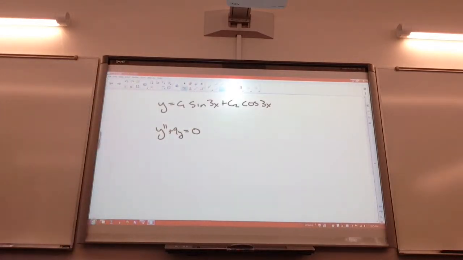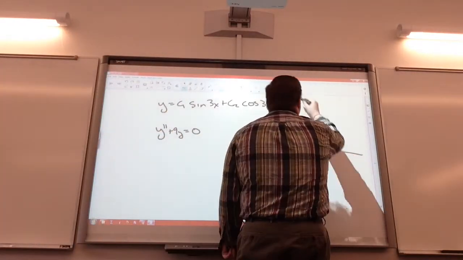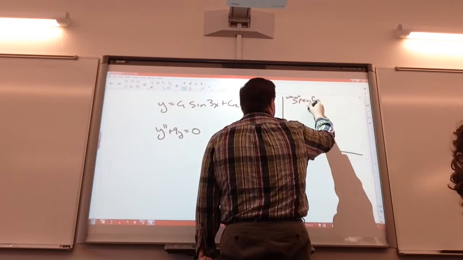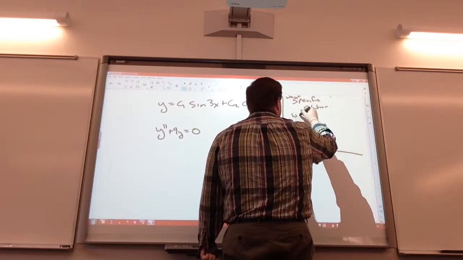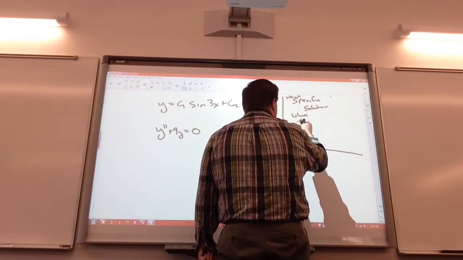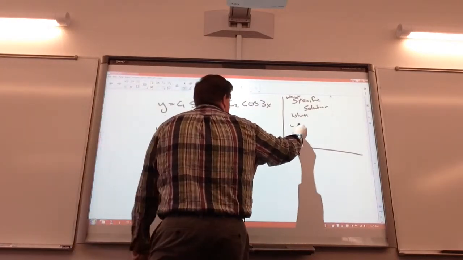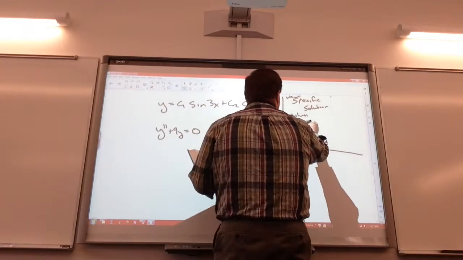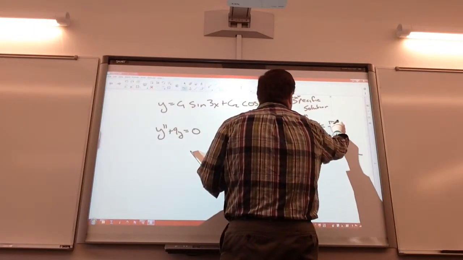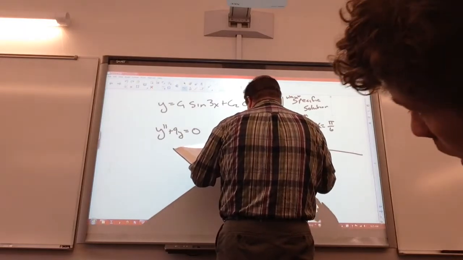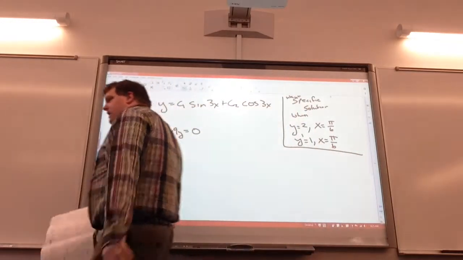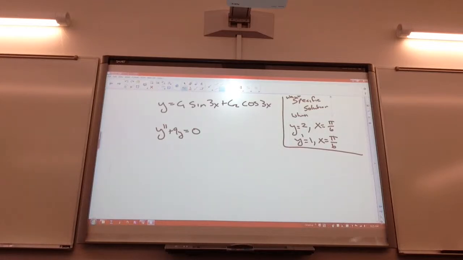We also want a specific solution when y is equal to 2, x is equal to pi over 6, and when y prime is equal to 1, x is still equal to pi over 6. Okay, so there we have it.